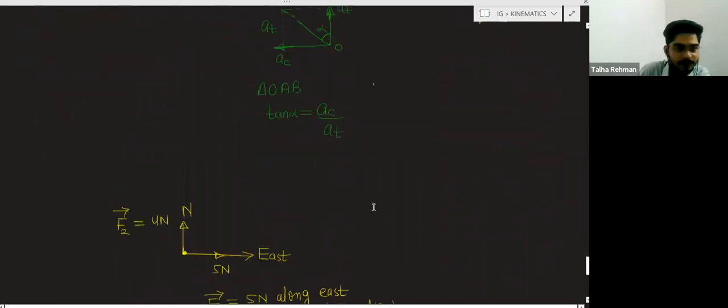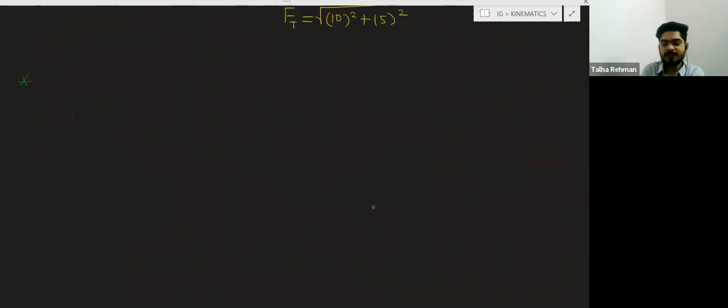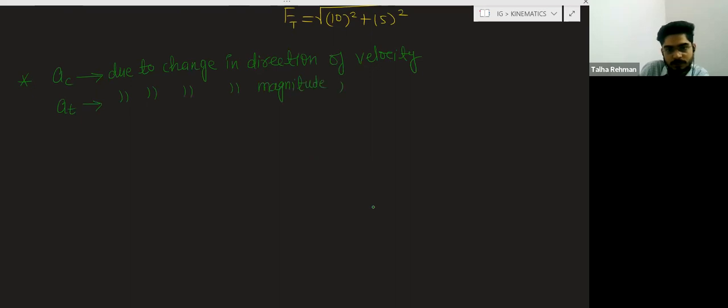Basically there are three types of acceleration we have studied. First is centripetal acceleration. This is due to change in direction of velocity in a circle. Another is tangential acceleration, due to change in magnitude of velocity.